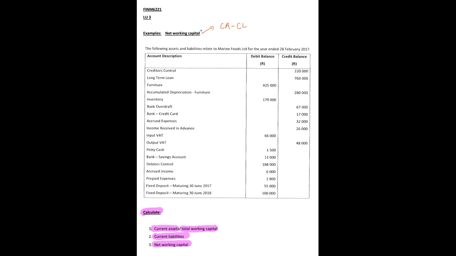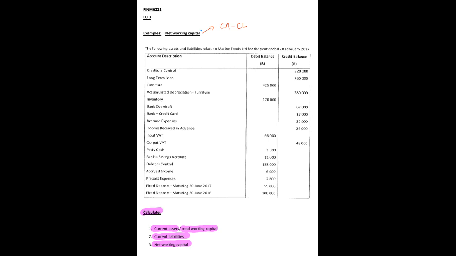So this is what we're calculating here, and it is broken up into 3 steps, which, as you can see, were the questions as well: to calculate your total current assets, your total current liabilities, and then the difference between the two, which is your net working capital.